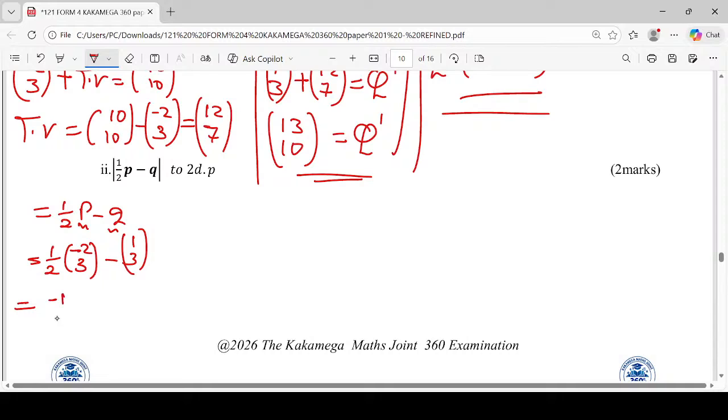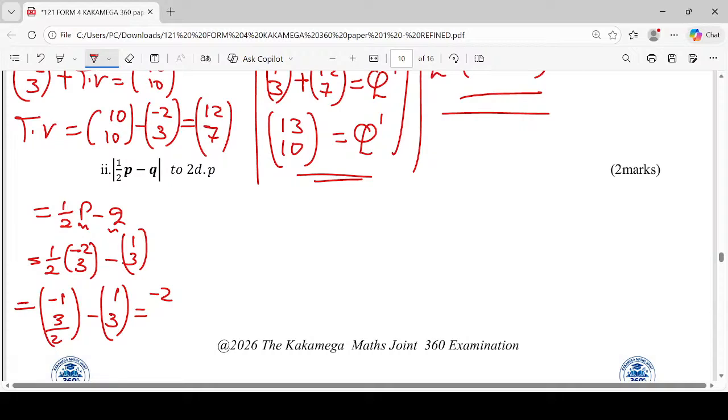Then this will be 3 over 2 minus 1, 3. So negative 1 minus 1, that's going to be negative 2. Then when you have 3 over 2 minus 3, that is giving you negative 1.5.